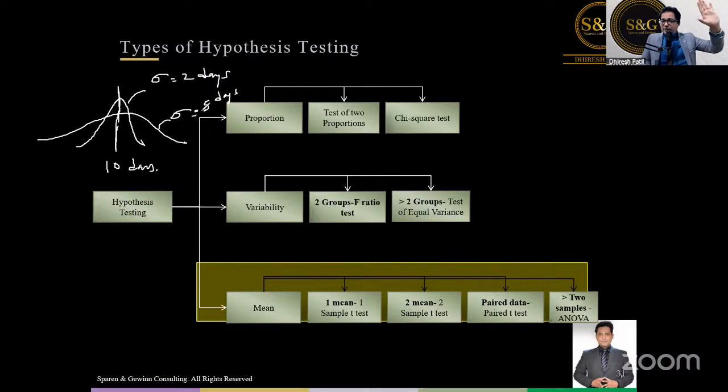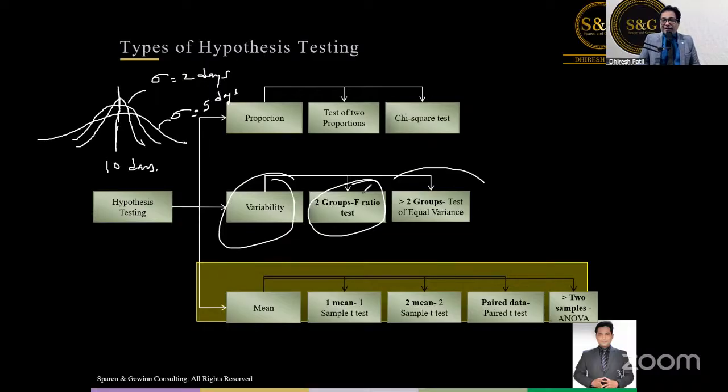Are you understanding the difference between these two? The average shows no statistically significant difference, so now I will go for variability. I will go for the F ratio test, comparing standard deviation to standard deviation. That is called the F ratio test. If there is a third vendor as well, I will go for the test of equal variance, since it is more than 2 groups. Clear?